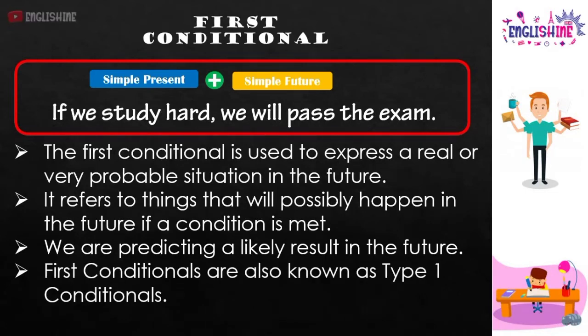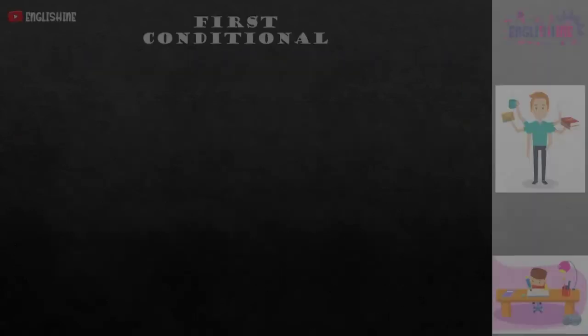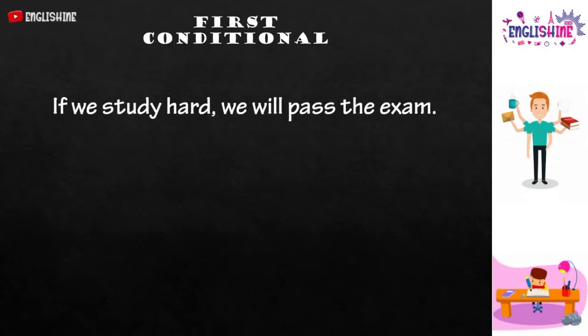First conditionals are also known as type 1 conditionals. The first conditional uses simple present in the if clause and the simple future in the main clause. Let's look at this sentence again.